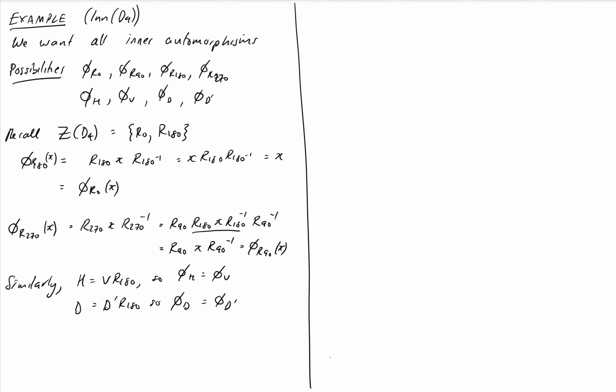So actually we only have 4, and I'll leave verifying that these are distinct as an exercise. Verify that phi of R0, phi R90, phi H, and phi D are distinct, but they are. And so our inner automorphism group of D4 is that set there.